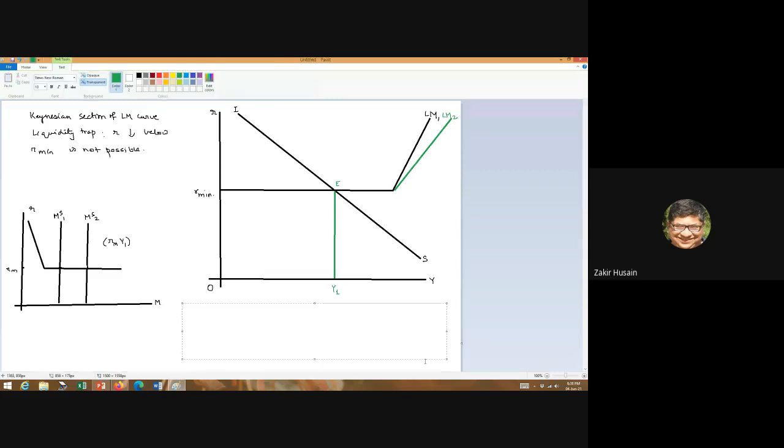So if you're at a liquidity trap, the LM curve is horizontal, and expansionary monetary policy will not lead to any change. Y and R will be constant, whatever the money supply.